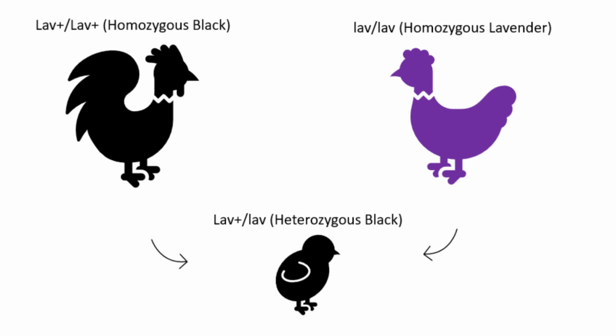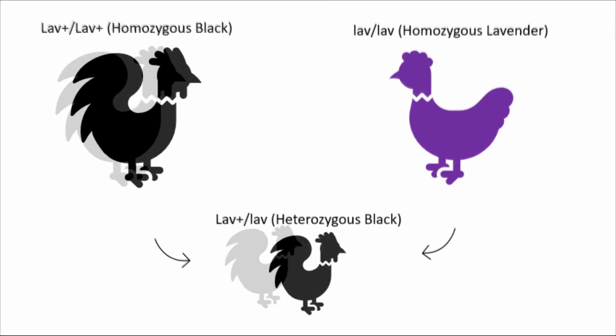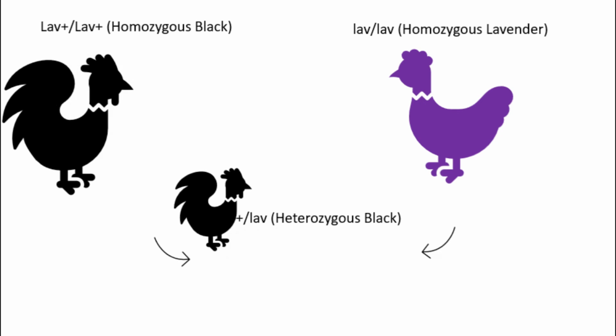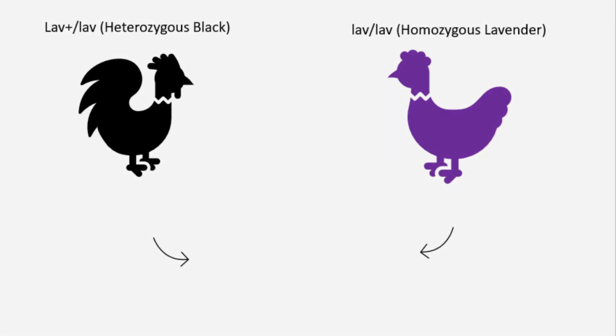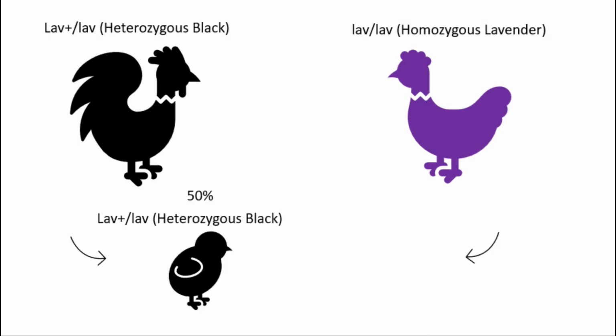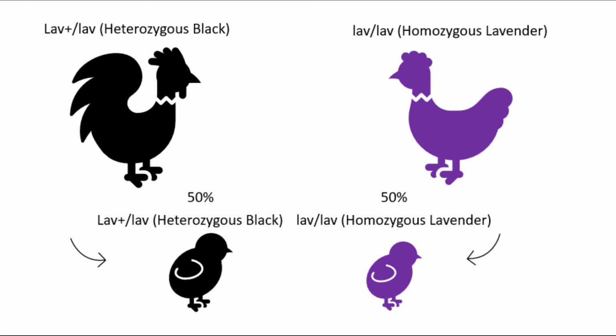These black chicks that you got would be called black splits to lavender. They don't look lavender, they look pure black, but they all carry one recessive lavender gene. In other words, they're heterozygous. Now, if you take those adorable little black chicks that all carry one recessive lavender gene and one dominant black gene, and bred them back to the lavender bird, you would get 50% black split to lavender chicks and 50% lavender chicks.